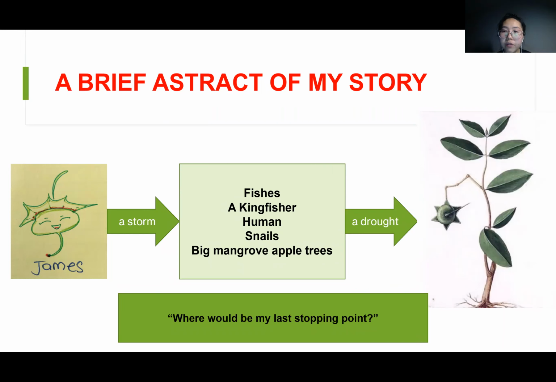Based on that, he learns a lot of things from many creatures that he meets on his way. The ending of my comic is marked by a really severe drought, which requires my little James to find a way to survive, and it makes him stuck in one place long enough to grow to become a little tree.